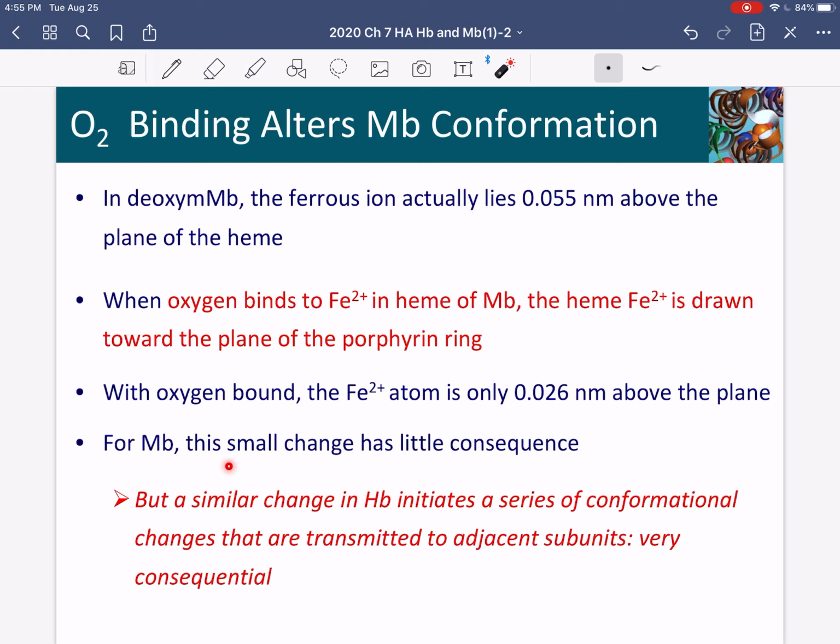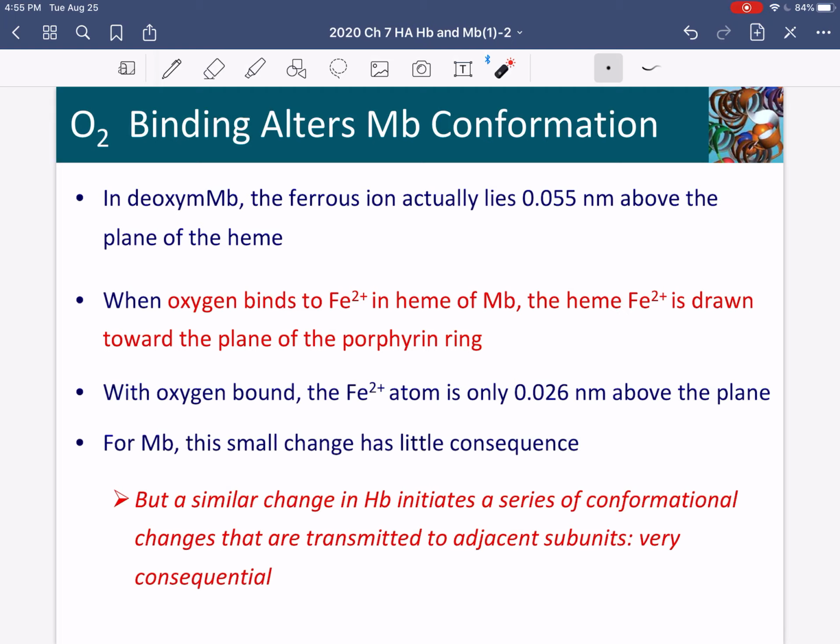And in fact, in myoglobin, which is a single polypeptide chain, that change in the position of the heme iron isn't really consequential at all. But the same change in hemoglobin initiates a series of conformational changes that are transmitted between the subunits.